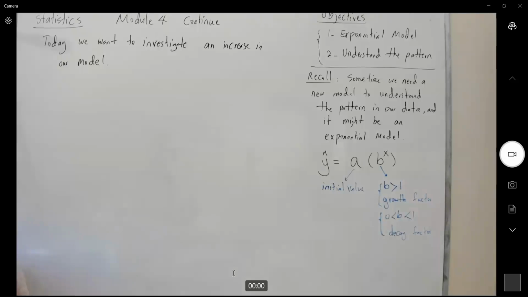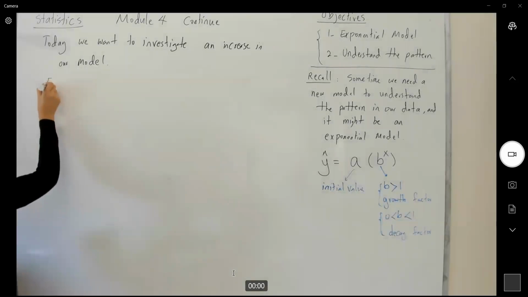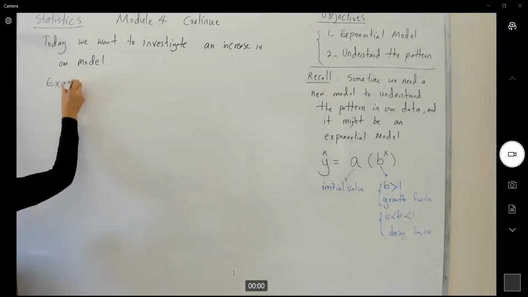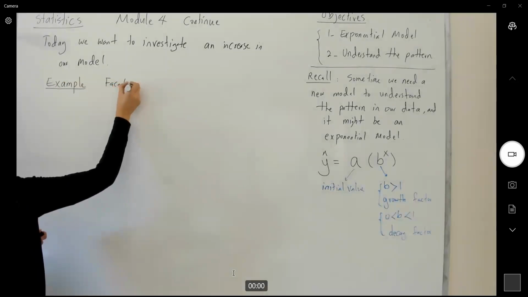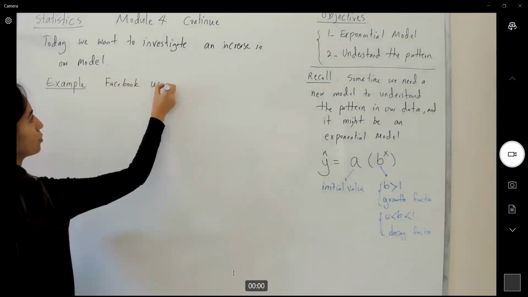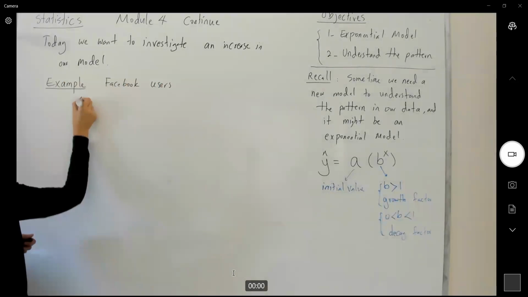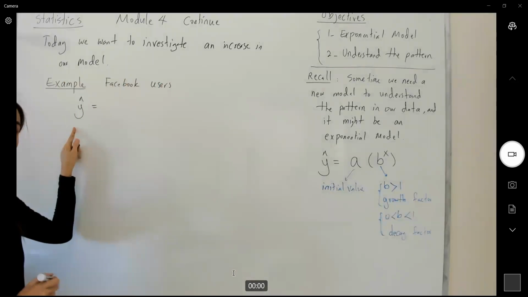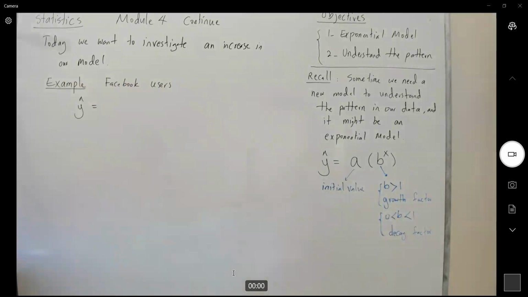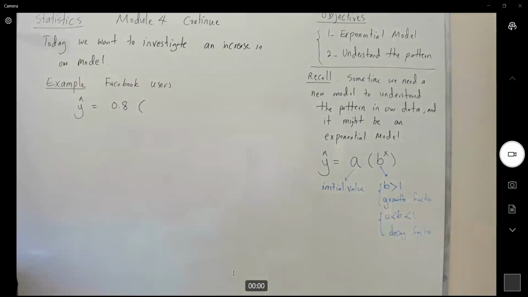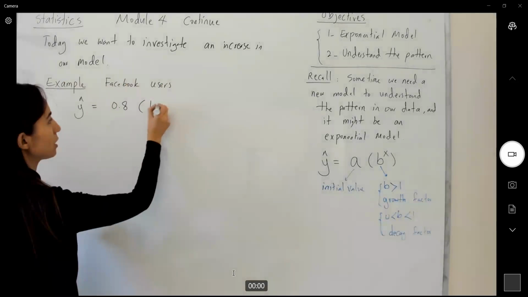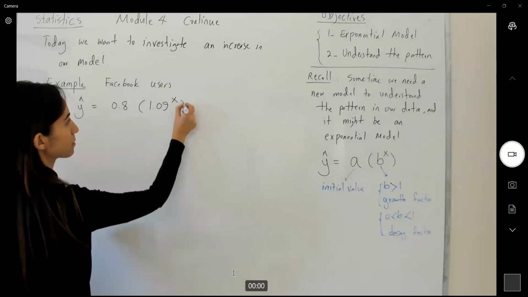So y hat, in our example the predicted number of Facebook users, is given by this model: 0.8 times 1.09 to the x.